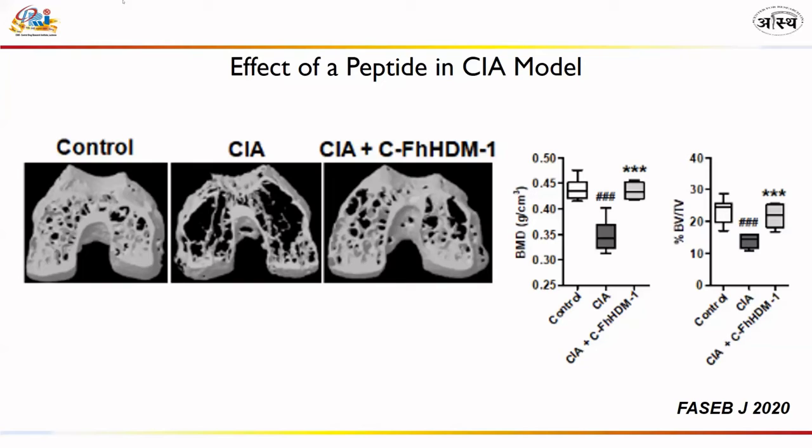That is what we did here in the tibial region in the CIA. You see a remarkable bone loss happening in the arthritic animal, evident from low BMD and low BV/TV. Here we used a peptide from Fasciola helminth, which is widely prevalent in the Indian population.